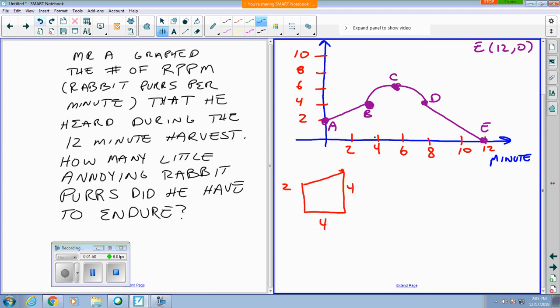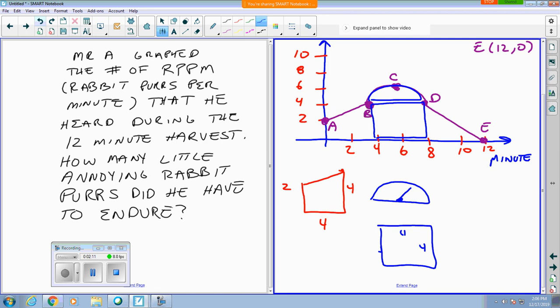The next shape I see is a square, 4 by 4. And on top of that, I have a semicircle, which has a radius of 2. The last shape I see here is just a triangle.